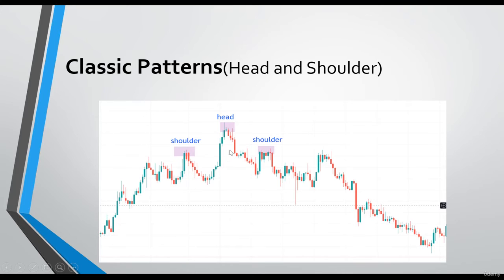As you can see in this photo from the left, this is the first shoulder, and you can see the market had a kind of bullish try, but it failed here, and it has made the head. And finally, we have the other shoulder. So mostly after head and shoulder, we can see we have bearish market or bearish trend, or we say downtrend.